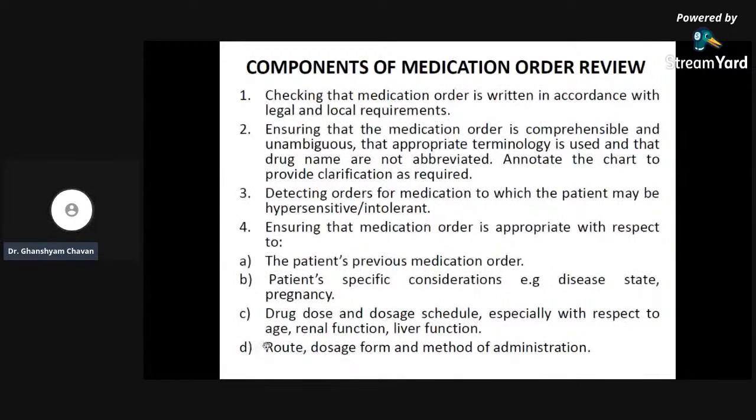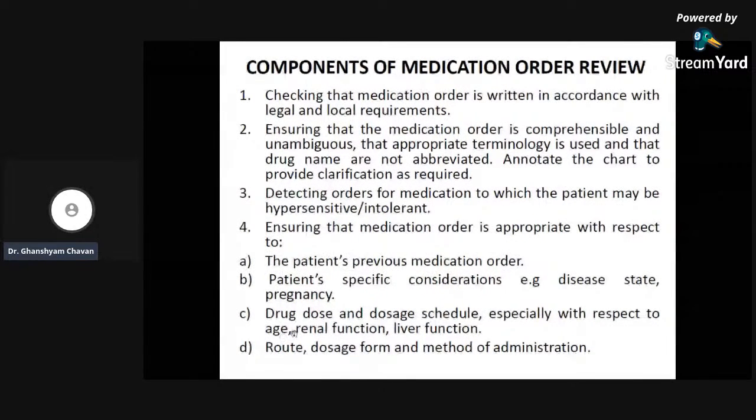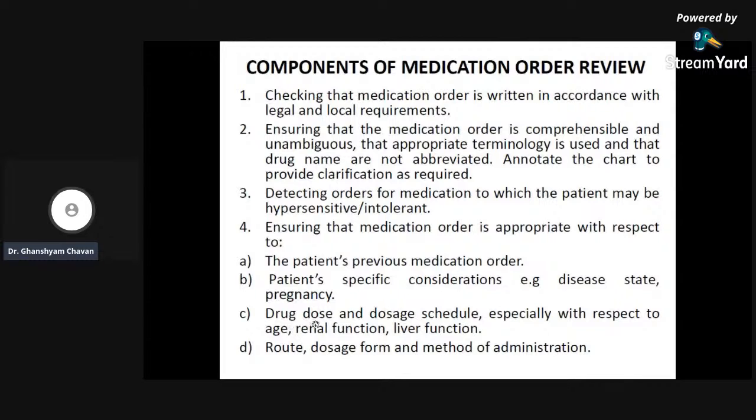If the patient is very old, above 60 or 65 years, we can decide which dose or dosage form is suitable. And also for renal function, if any renal failure has occurred in the patient, in that condition also we will decide what dose and dosage form is suitable.